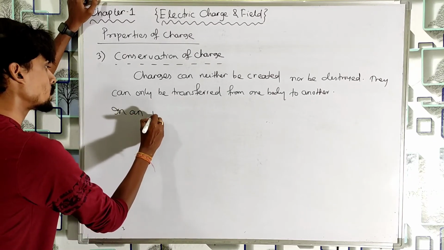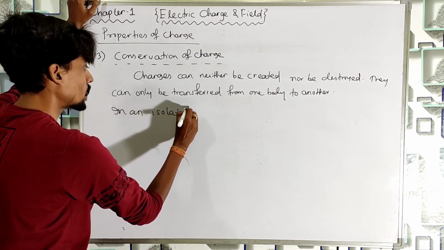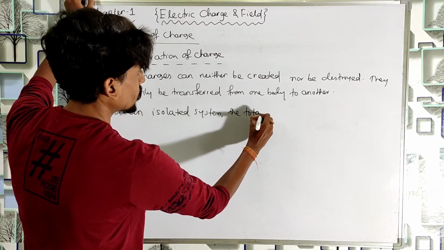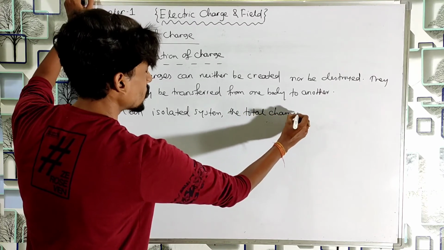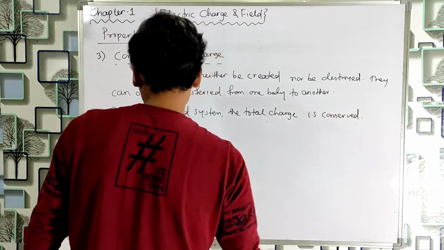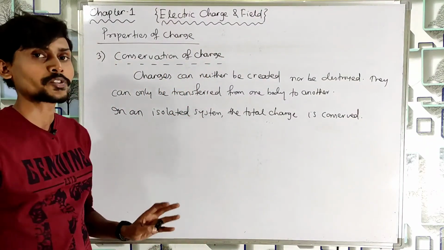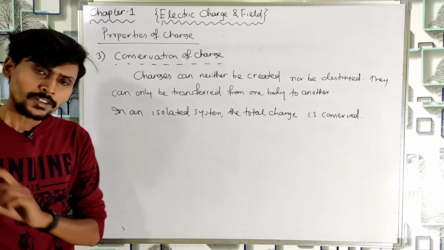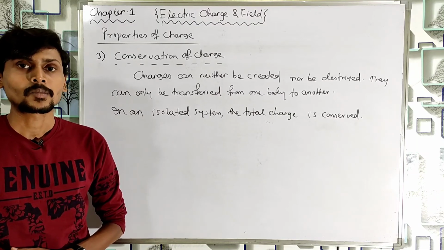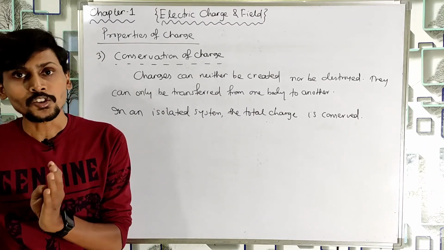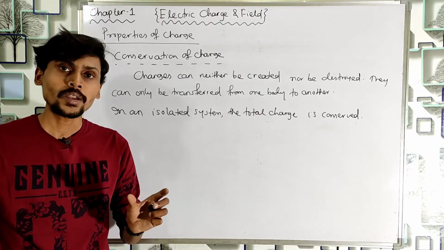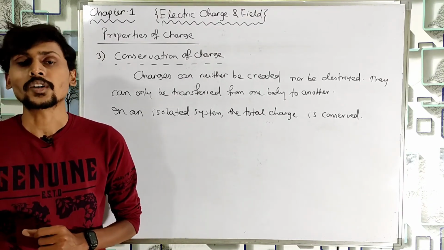In an isolated system, the total charge is conserved, meaning constant. You cannot destroy a charged particle or create a new charged particle. What you can do is just transfer the charge from one body to the other. You can never destroy it or create a charge.